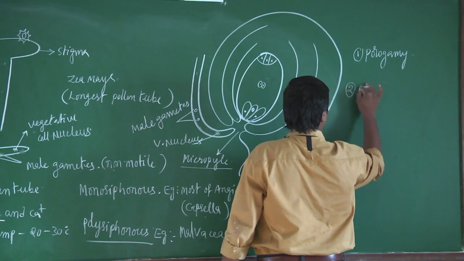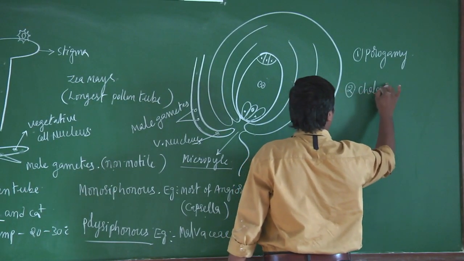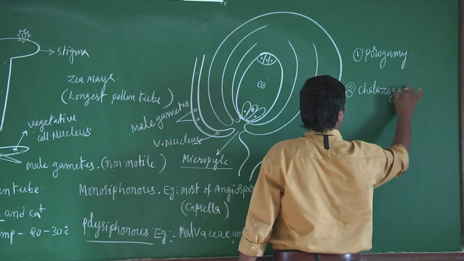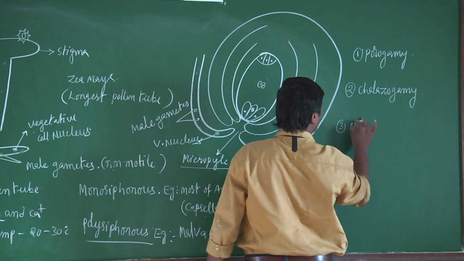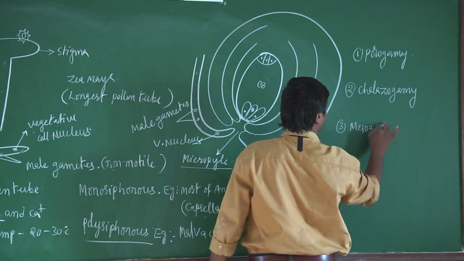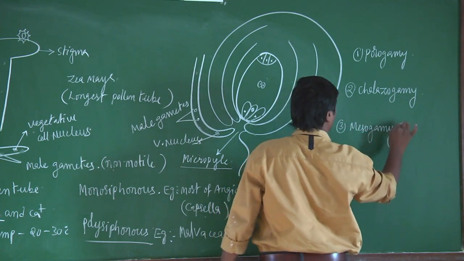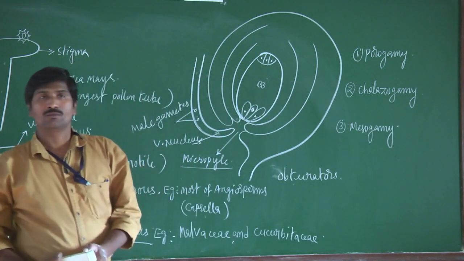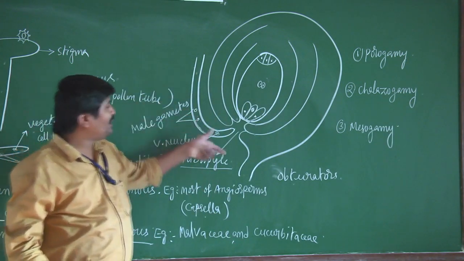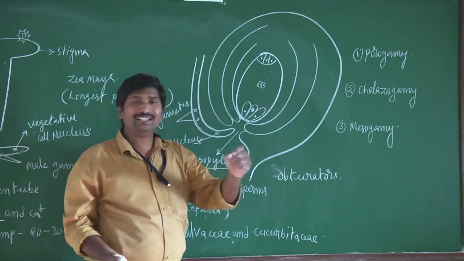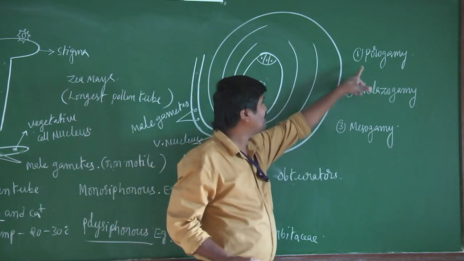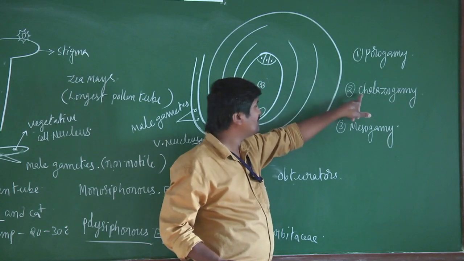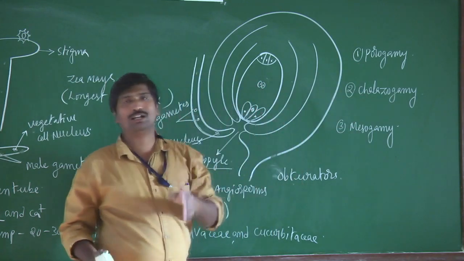Second one, chalazogamy. Third one, mesogamy. The entry of the pollen tube into the ovule is followed by 3 pathways: porogamy, chalazogamy, and mesogamy.